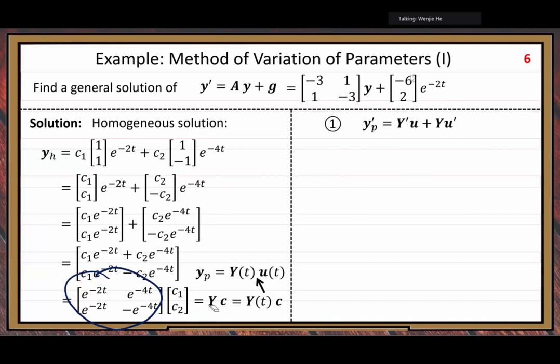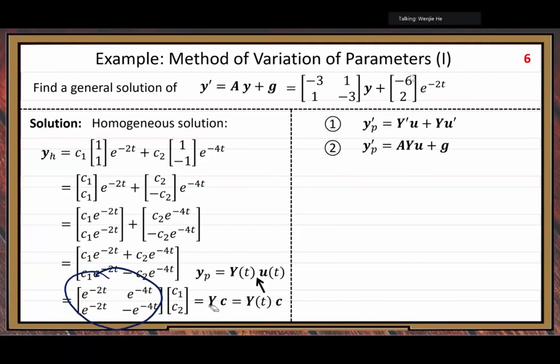So we can get it through. So YP from this structure, by product rule. Vector matrix, you have the product rule.